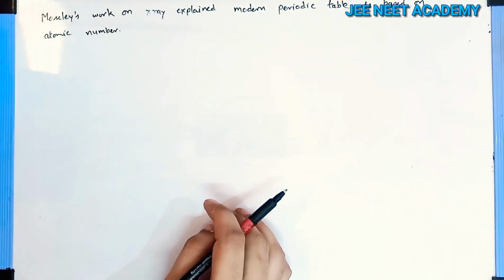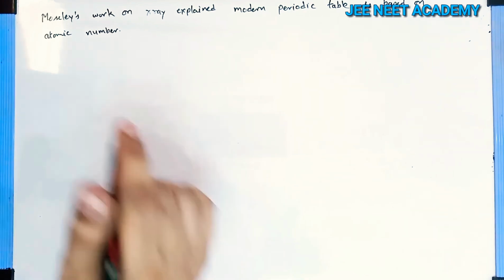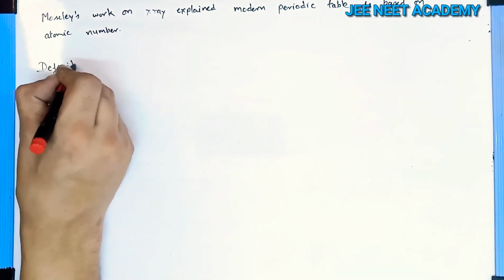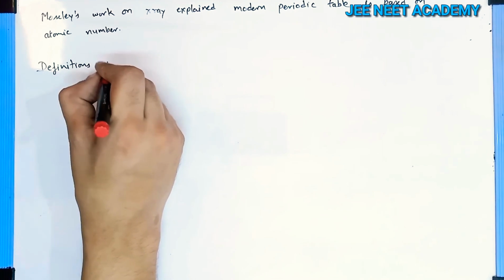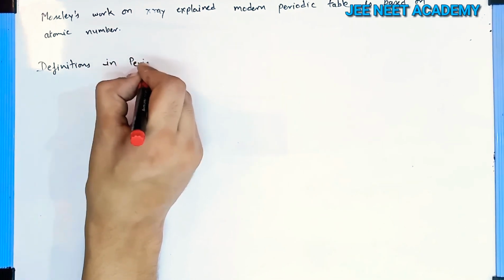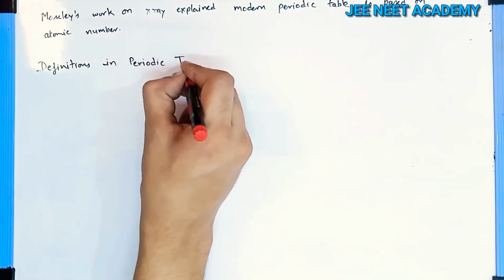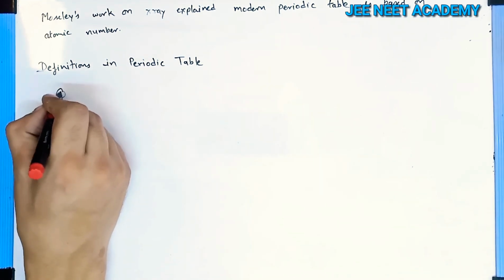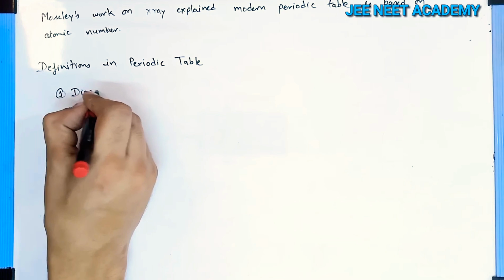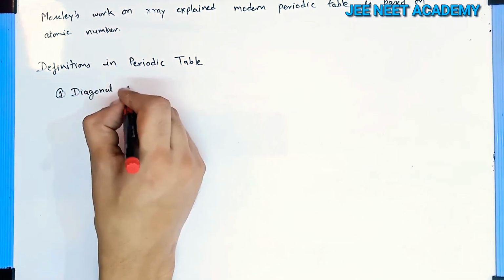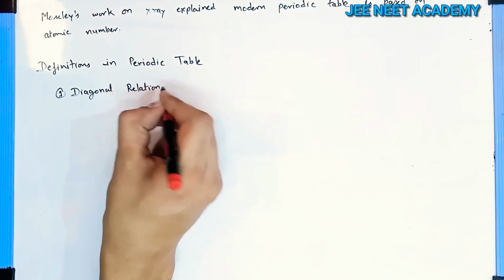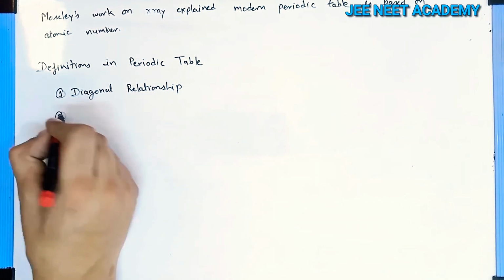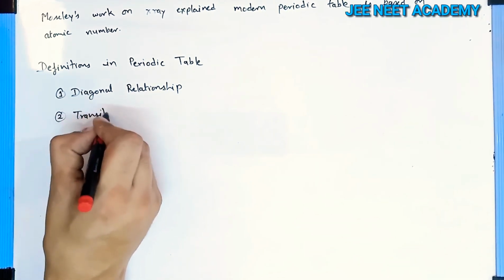Some definitions like diagonal relationship first, second, transition metals. These two definitions we will see.